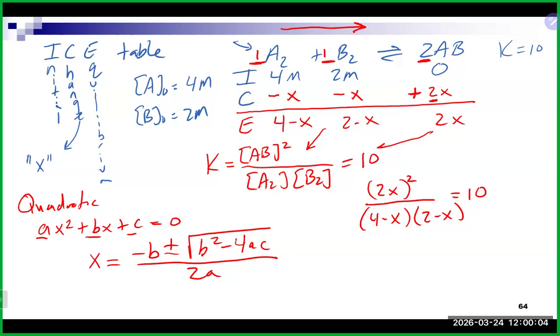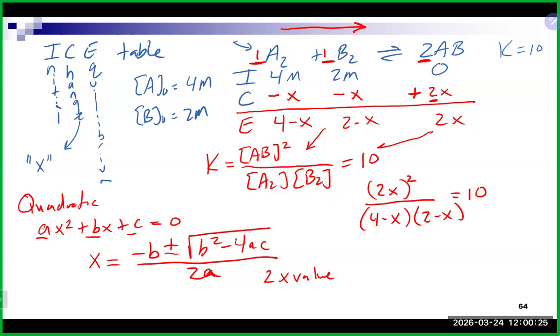Hopefully that looks somewhat familiar. You've seen it at some point in your life. By the way, when I use the quadratic, how many x values do I get? I get 2 x values. And one of the x values will not make sense.